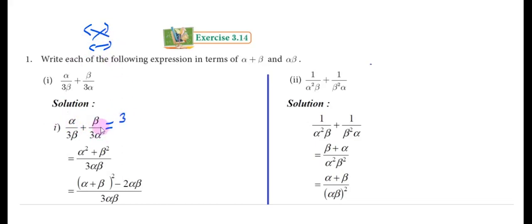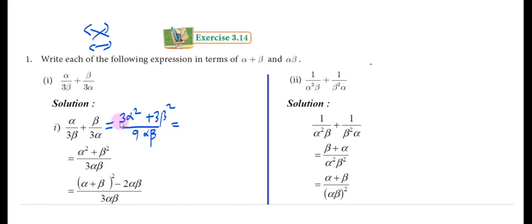So 3 already there is 1 alpha, so alpha square. Understood? Plus, from left to right top, here 3 beta, there already beta, so 3 beta into beta, beta square, by the product of both denominators. 3 3s are 9 alpha beta.